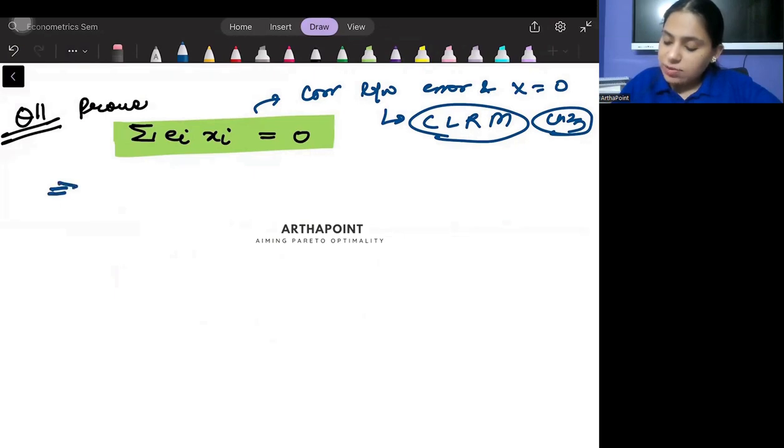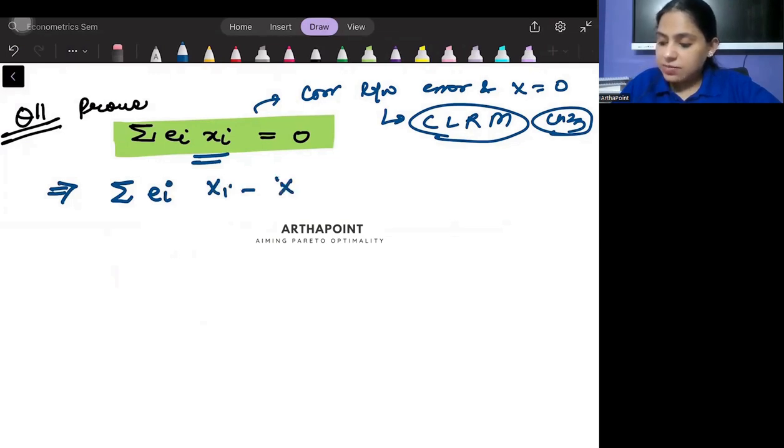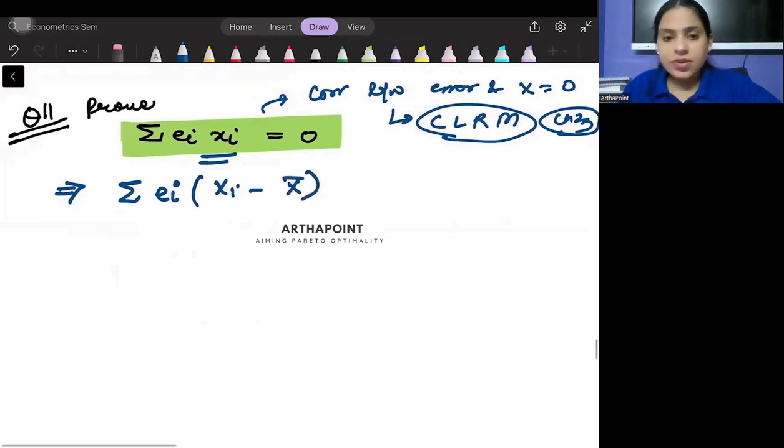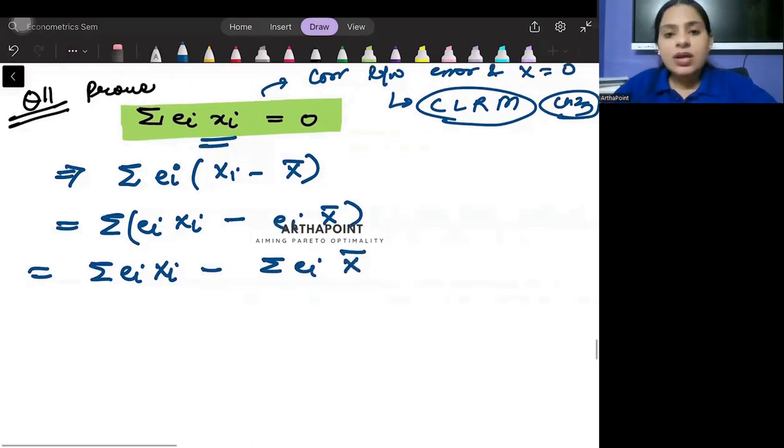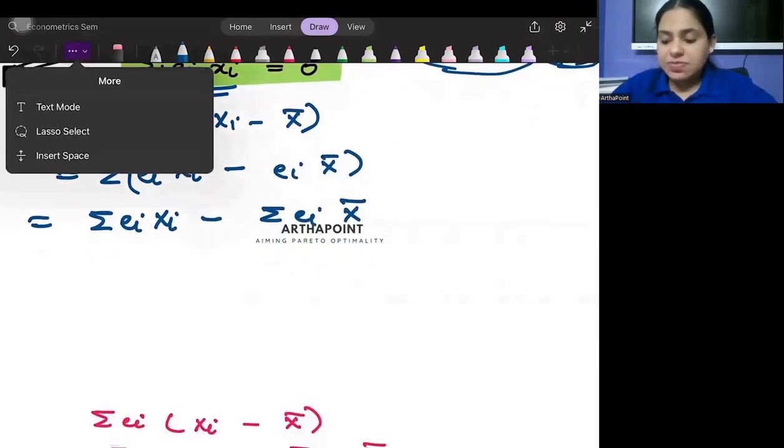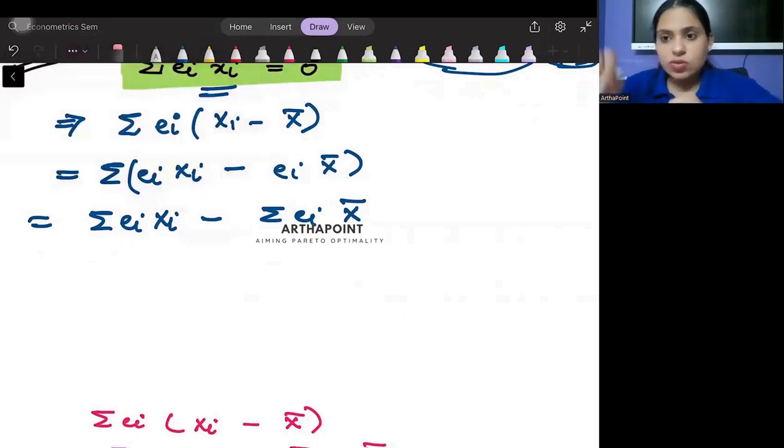Now just try to think about it. Summation ei xi is nothing but summation ei (xi minus x bar). This is deviation from mean, right? So this is nothing but summation ei xi minus summation ei x bar. Now try to notice that x bar is a constant, and I have always told you a constant comes out of the summation.